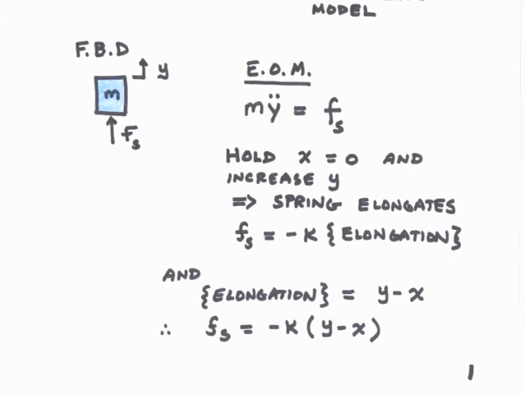So the spring force must be equal to Fs equals minus k times the elongation, since when elongation is positive, we know the spring force should be negative. Now, elongation of the spring will be y minus x, and therefore the relationship is Fs equals minus k times y minus x.